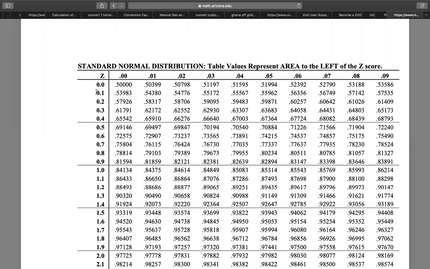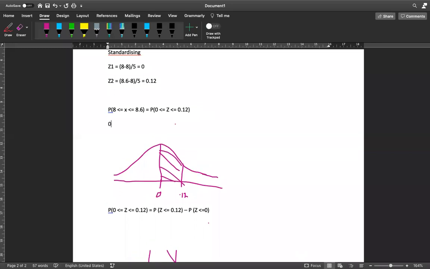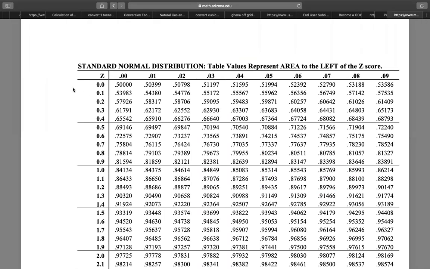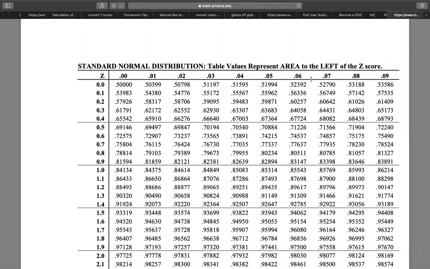Pay attention here. This number here and that number here correspond. 0.12 can be broken down into two parts: 0.1 plus 0.02. So I will look for 0.1 at the sides going down, then I'll look for 0.02 at the top.